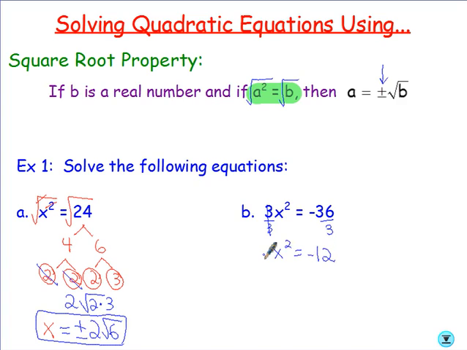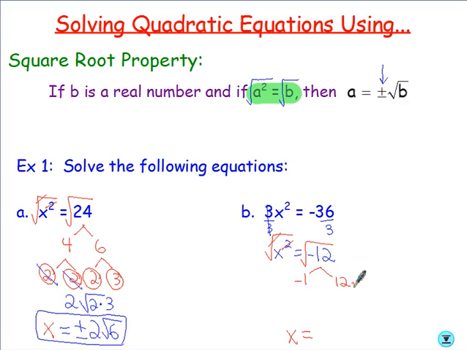Now this looks just like a. So we're going to square root both sides. Now again, the square and the square root cancel. So we have x all the way down here at the bottom. We need to make a tree. Now, I want to point out there's a negative here. We've seen negatives before. So the first part of our tree is a negative 1 and a positive 12.